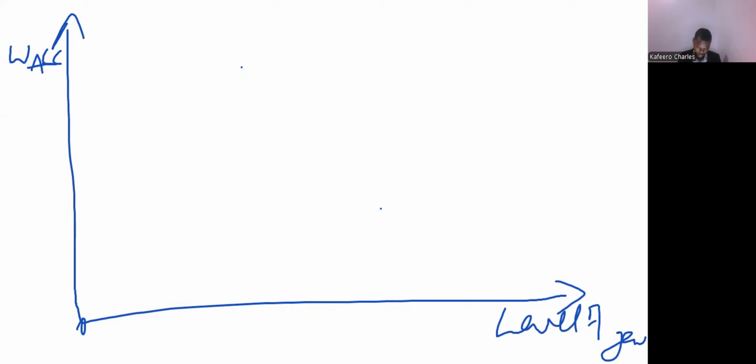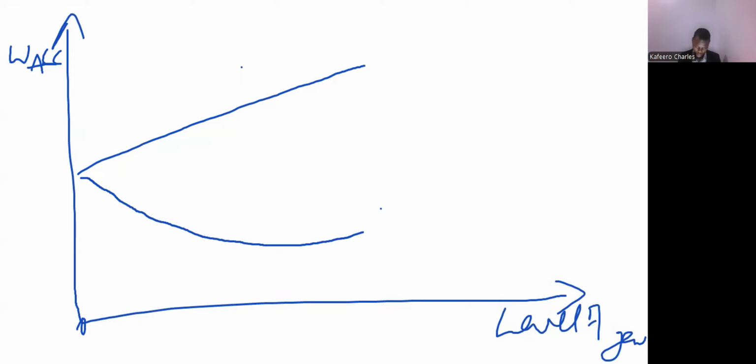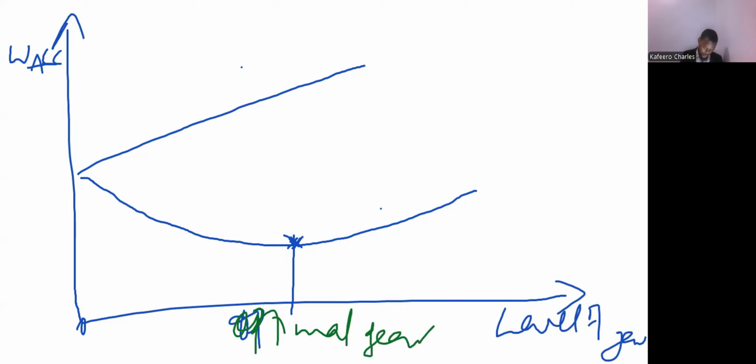We can start from some point, then we draw something that goes down like that. Now, we shall have what we call the minimum point here. This is the optimal gearing, whereby you are not all that geared. So this is the equilibrium.